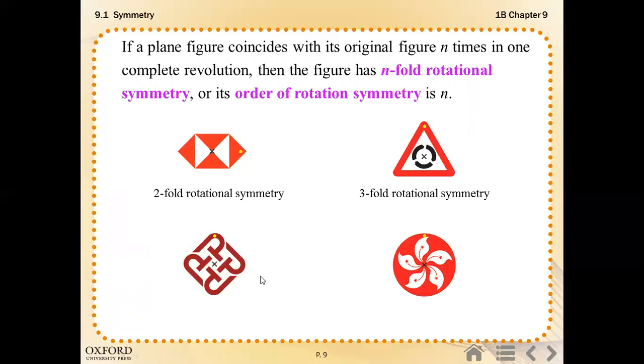The third figure, in one complete revolution, you got the picture 4 times, so 4-fold rotational symmetry. And the last one, in a complete revolution, you got the same figure 5 times. So this is 5-fold rotational symmetry.